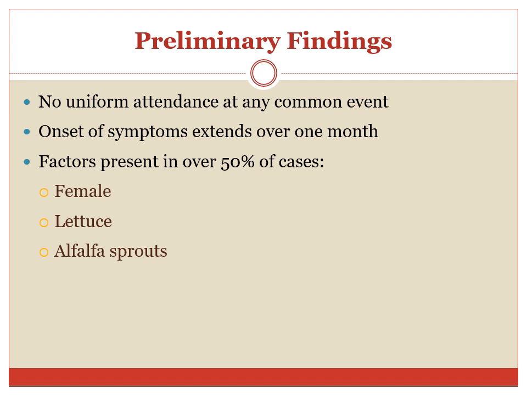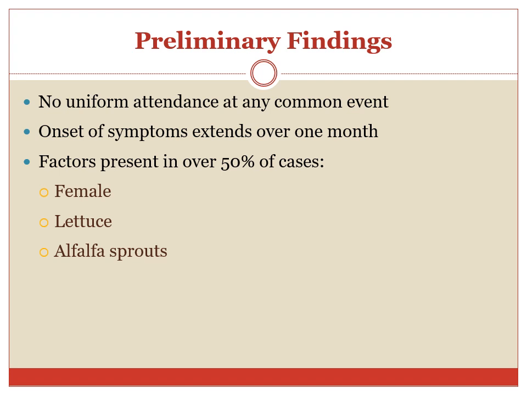So after they did the line listing and the interviews, they found that there has been no uniform attendance at any common event, no big barbecue, no big picnic, etc. And the onset of symptoms extends over 1 month. Factors present in over 50% of cases: being female, eating lettuce, and eating alfalfa sprouts.